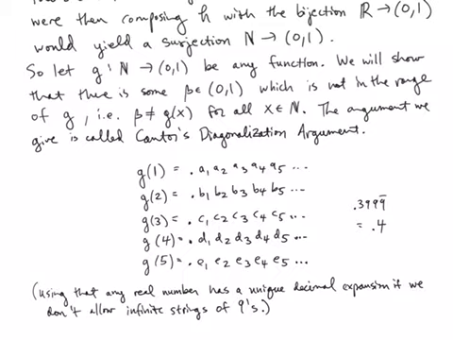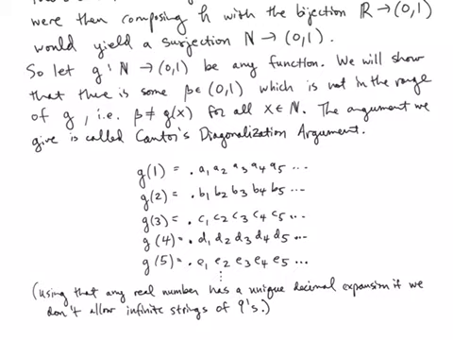So as long as we always replace infinite strings of 9s by an equivalent decimal representation, we have uniqueness of the decimal expansion. The basic idea of the argument is that we're going to write down some real number in the interval 0 to 1 which is not any of the ones on this list.